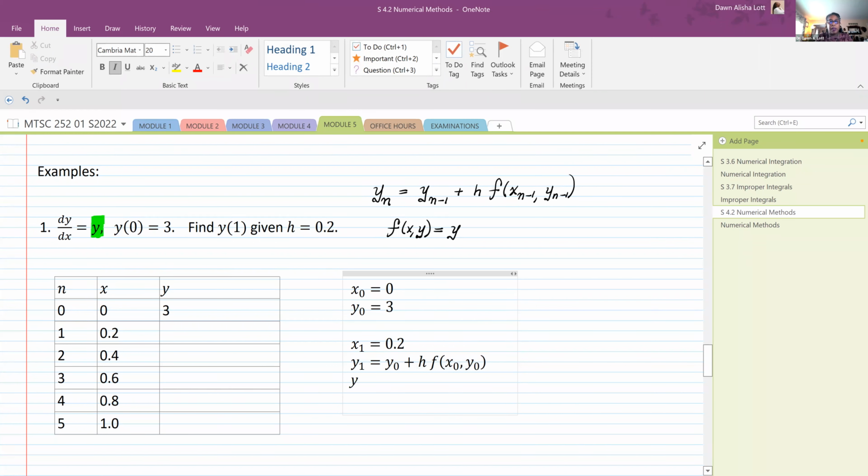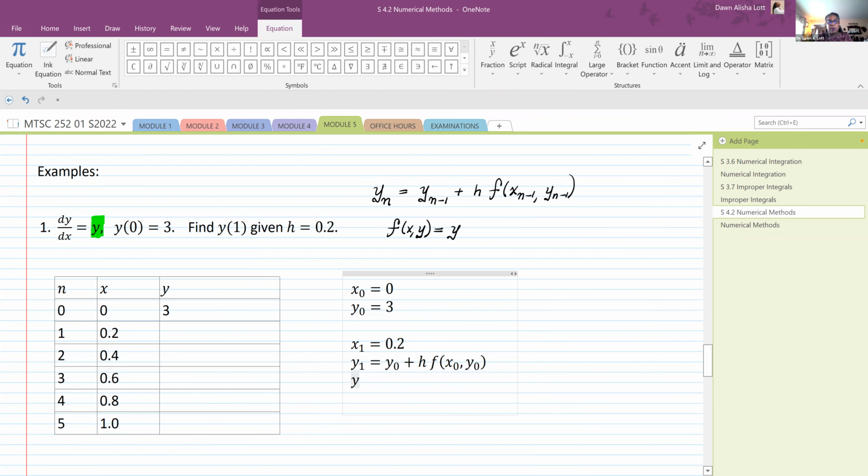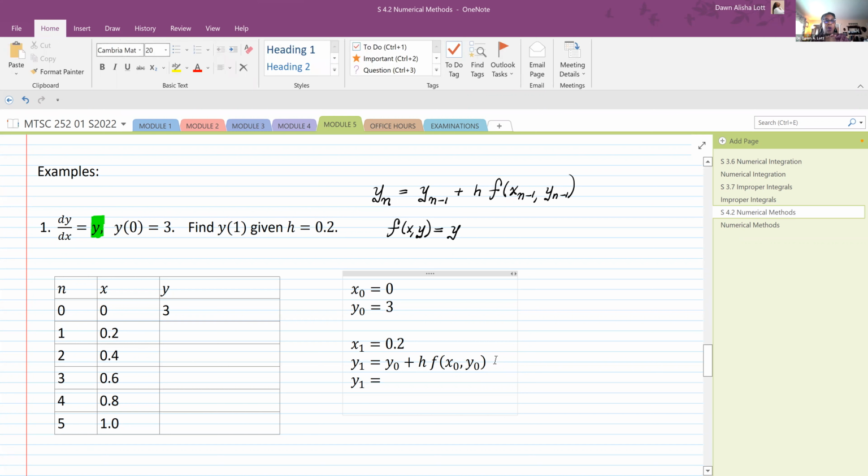We get y1 is going to equal, okay, so what's y naught? y naught, so y of 0 is 3, plus h, which is 0.2, and then f of x naught, y naught says just put in y naught, which is 3.